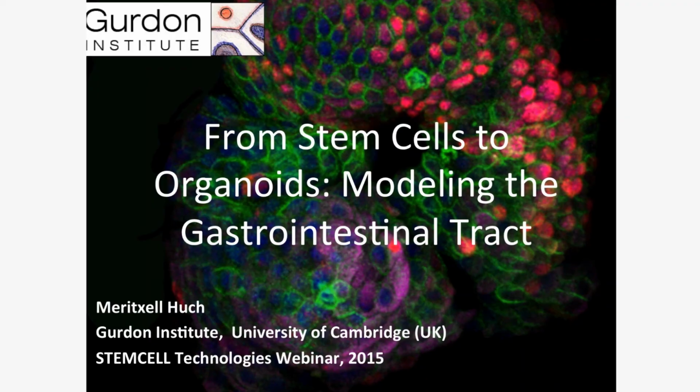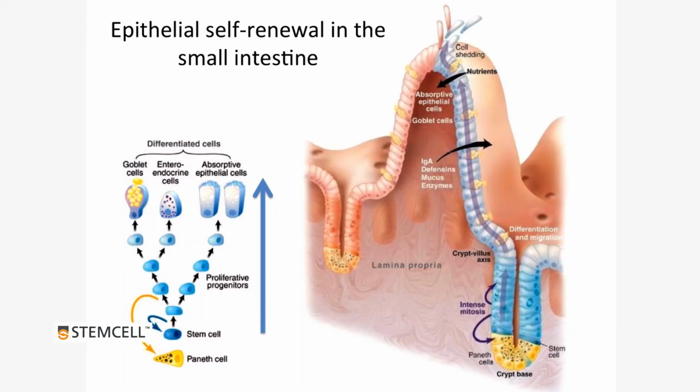So, as you very well know, the intestine is an organ that is very suitable to the study of stem cell biology, because in the intestine, proliferation and differentiation happen at the same time, at the same moment.